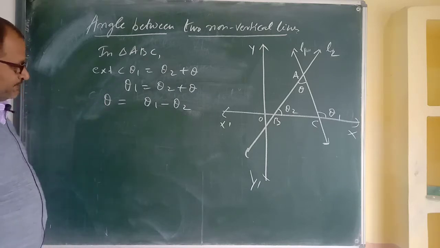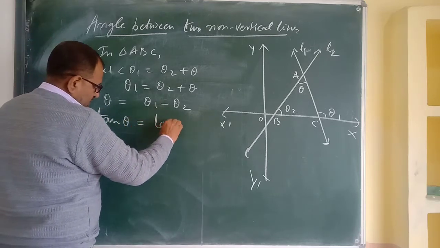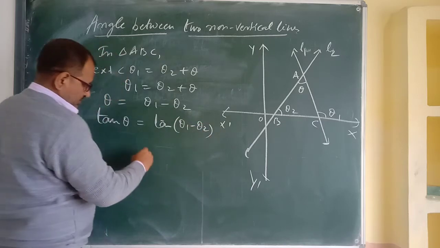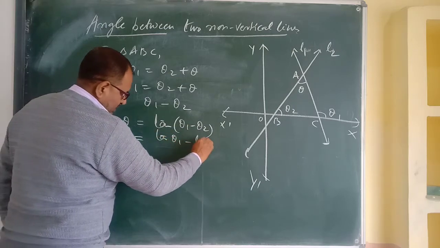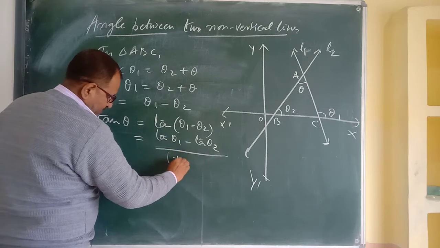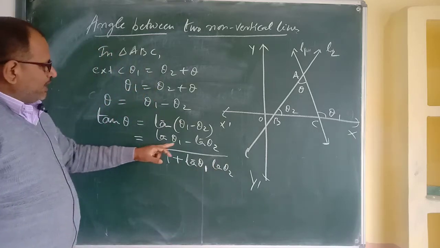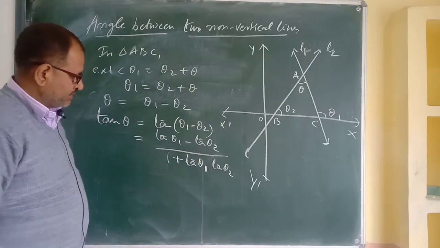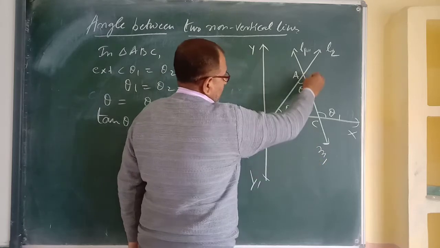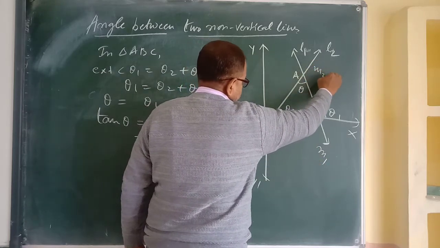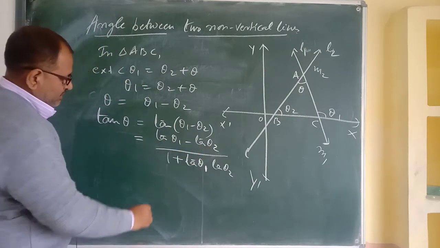Taking tan on both the sides, tan theta is equal to tan of theta 1 minus theta 2. By the tan A minus B formula, tan A minus tan B whole upon 1 plus tan A into tan B. If the slope of the first line L1 is m1 and the slope of the second line L2 is m2, we know that tan theta 1 is the slope of the first line, tan theta 2 is the slope of the second line.